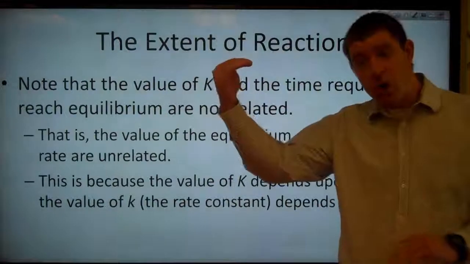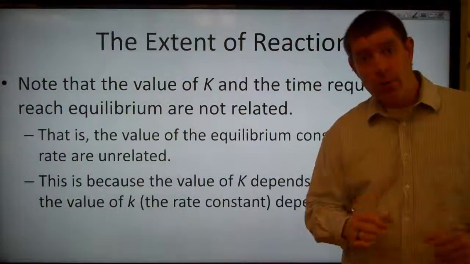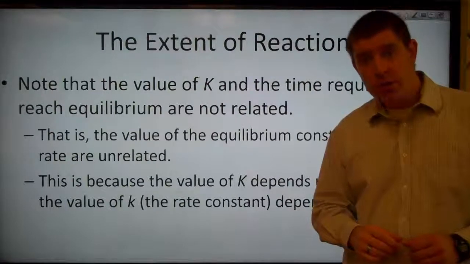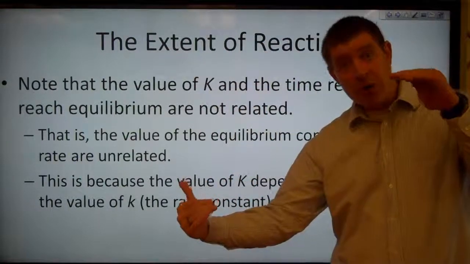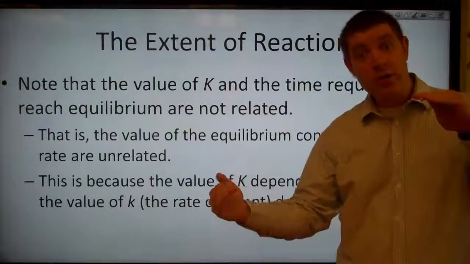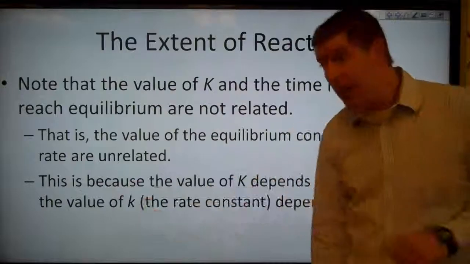If the products are at lower energy, then the products will tend to be favored, and so the equilibrium will tend to be farther to the right. If the reactants are lower in energy than the products are, you have to put in energy overall to get the reaction to go, then in general, the equilibrium will lie farther to the left.